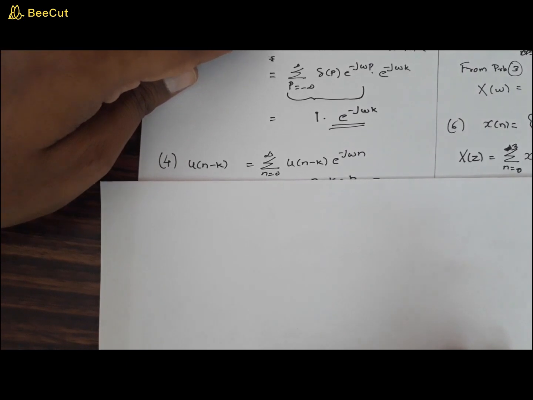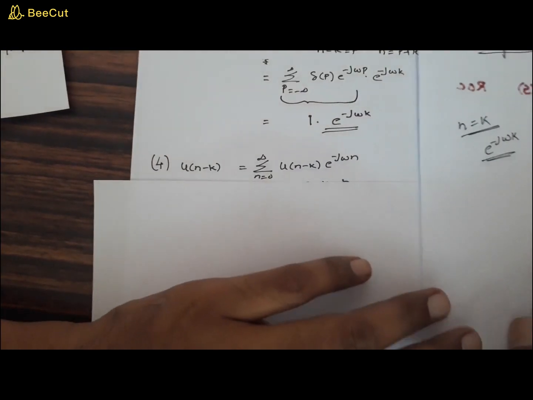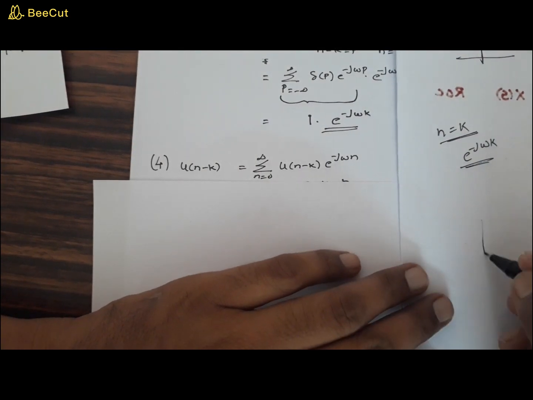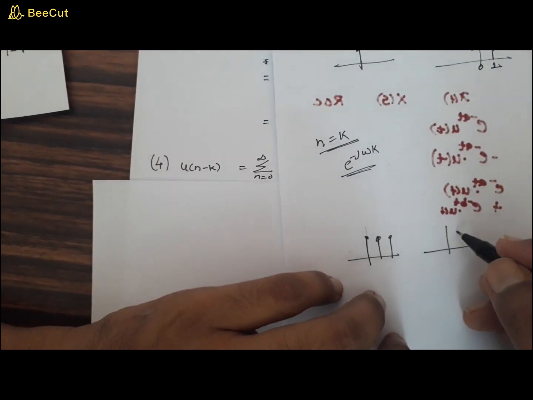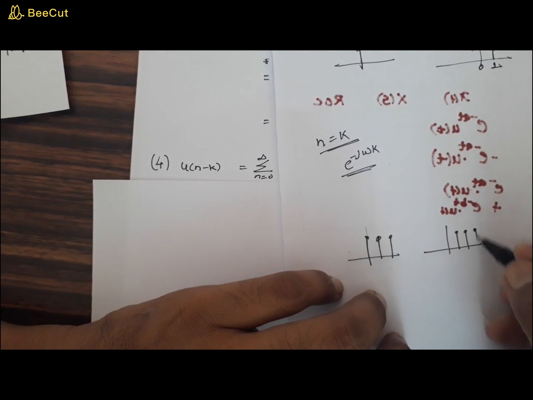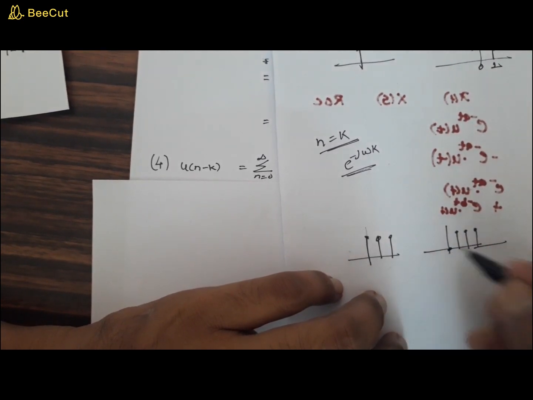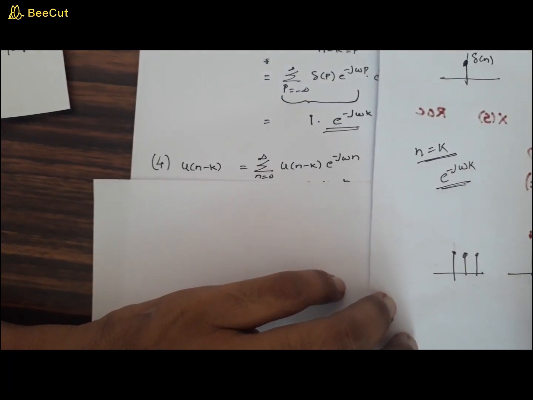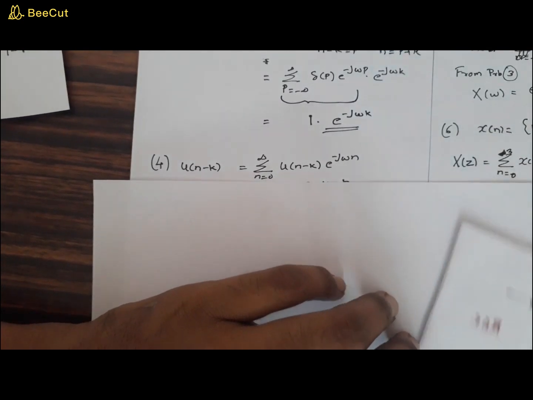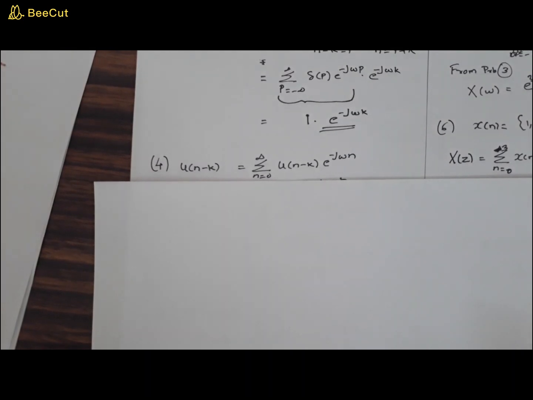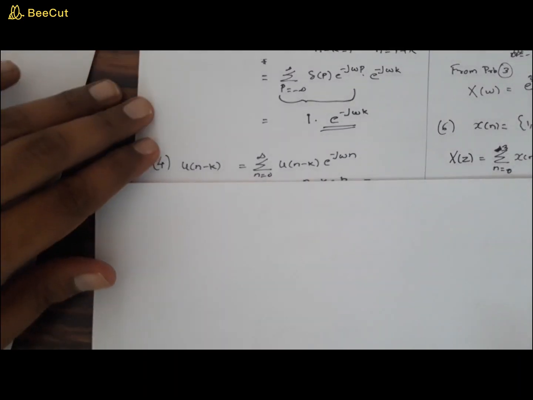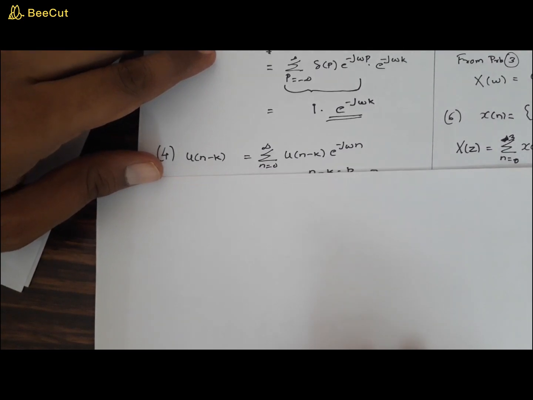Then you have another one, u of n minus k e raised to minus j omega n. You know what u of n is. When you shift this u of n by 1 unit, this will look like this, and this is u of n minus 1. So what about the Fourier transform of such a signal? Since u of n is non-integrable, u of n minus k is also non-integrable.